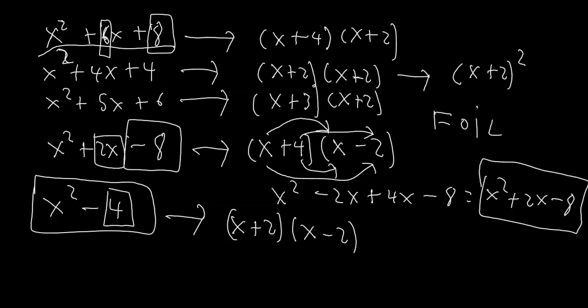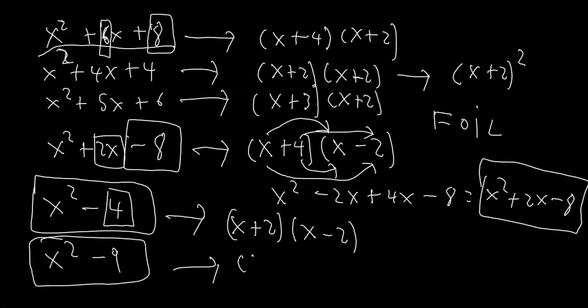In this case, the square root was 2, and you get your answer. Okay, let's do another one. Let's say you have x squared minus 9. In this case, you would have to do x minus 3, because the square root of 9 is 3.